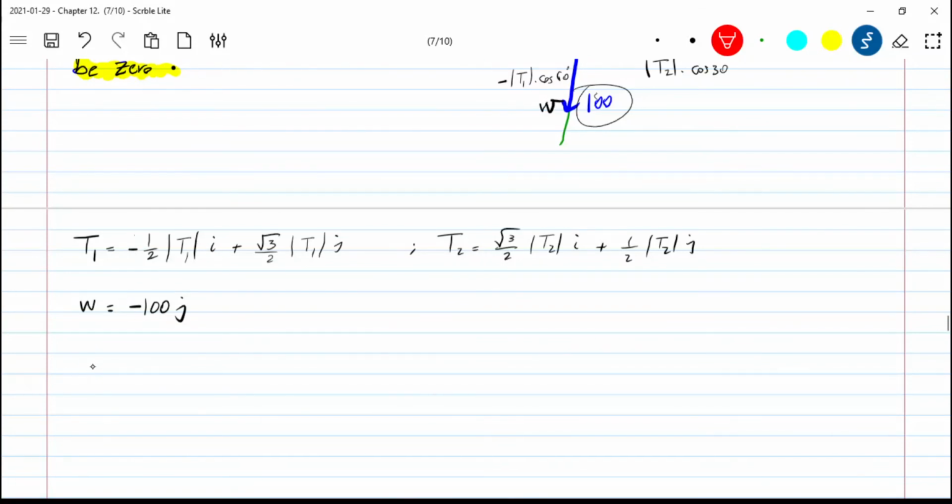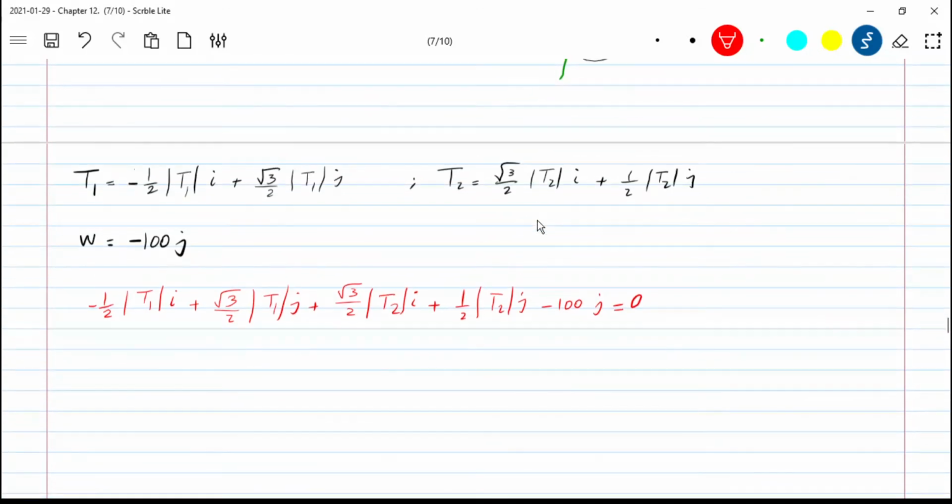I can write this as negative 1/2 magnitude of T1 I plus square root of 3/2 magnitude of T1 J plus root 3/2 magnitude of T2 I plus 1/2 magnitude of T2 J minus 100 J must equal 0. This is what we get from adding these.